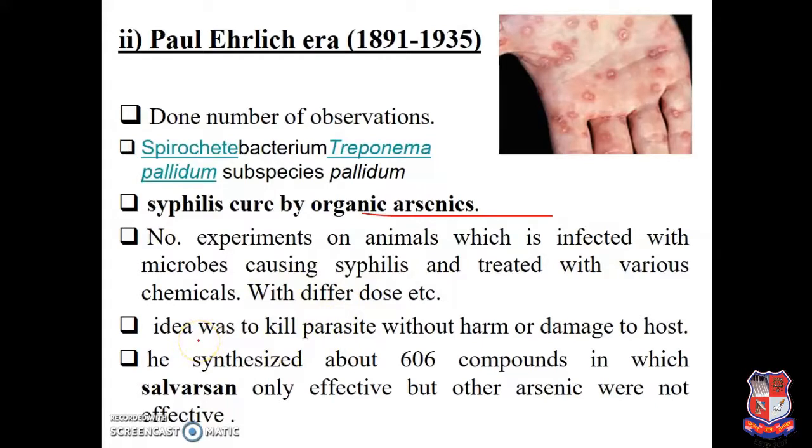The idea was to kill the parasites without harming the host. He synthesized about 606 compounds, of which only salvarsan was effective, but the other arsenic compounds were not. So he decided salvarsan is the only effective drug against syphilis. This is what happened in the Paul Ehrlich era.